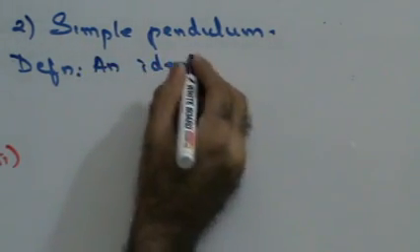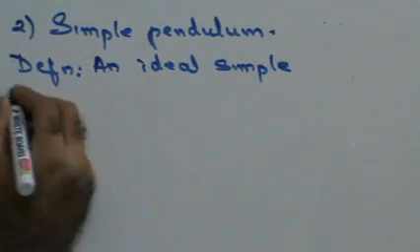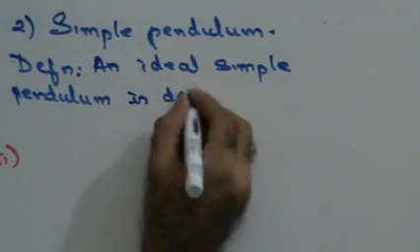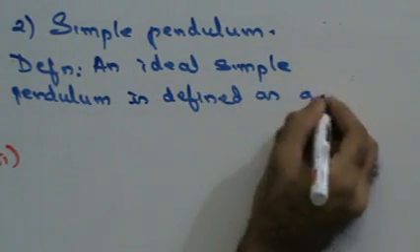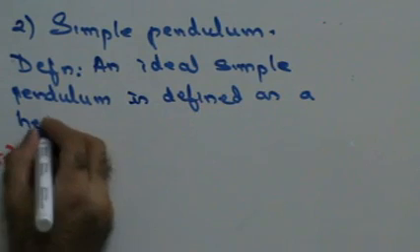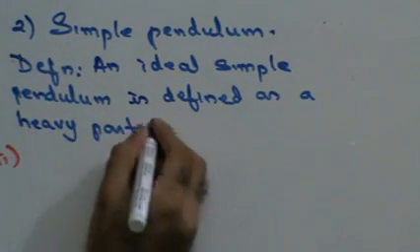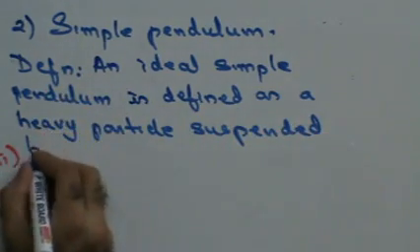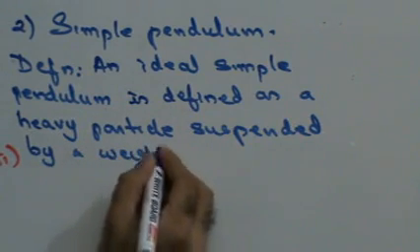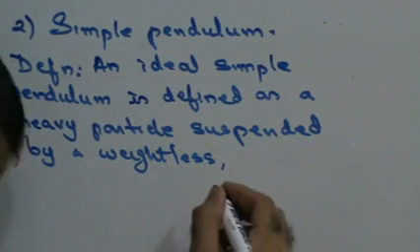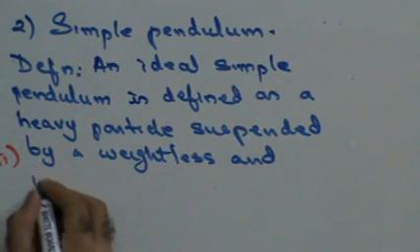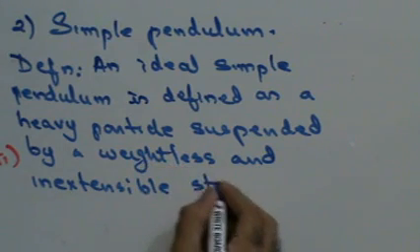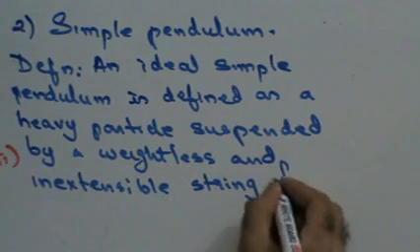An ideal simple pendulum is defined as a heavy particle suspended by a weightless and inextensible string from a rigid support.